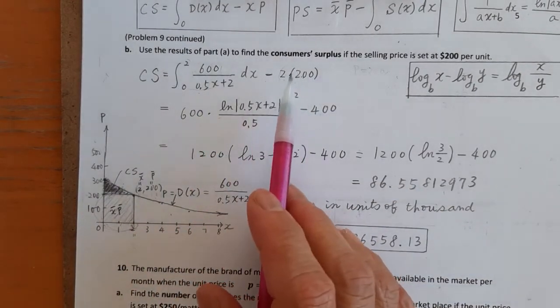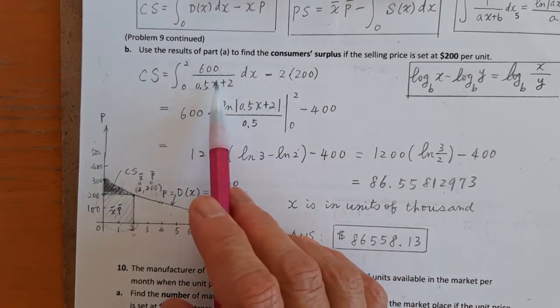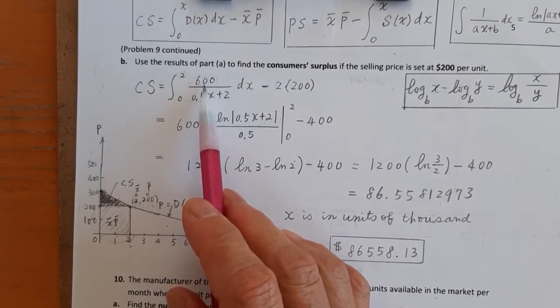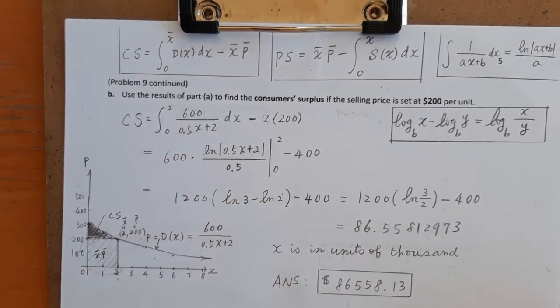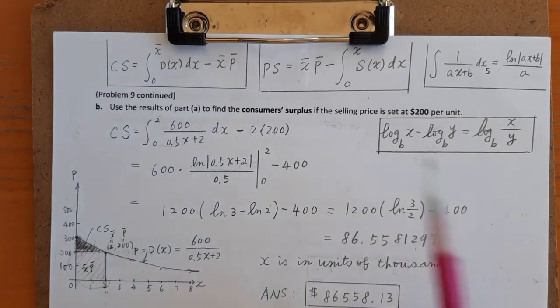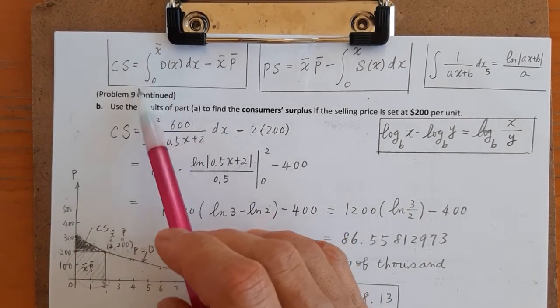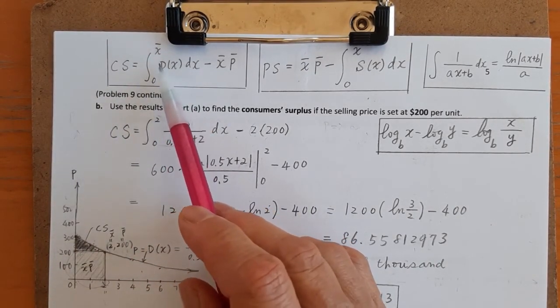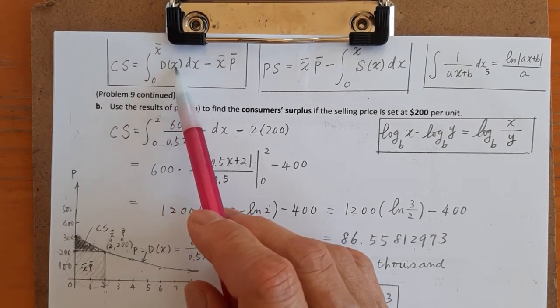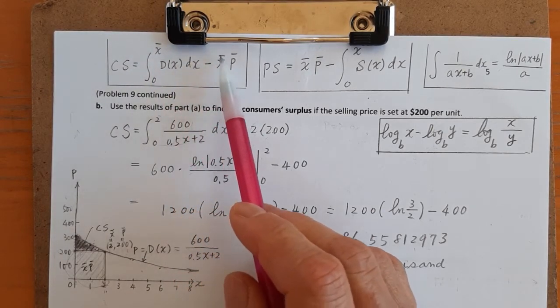So take the integral, because first of all, 600. Here the formula for consumer surplus is the integral from 0 to x bar of d of x, the demand function, dx, minus x bar times p bar.